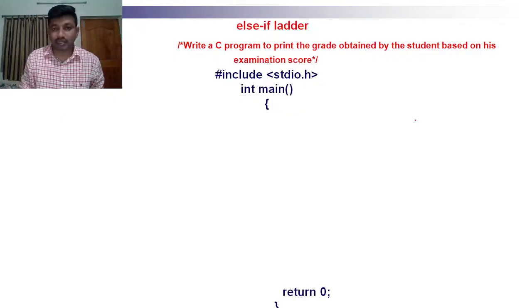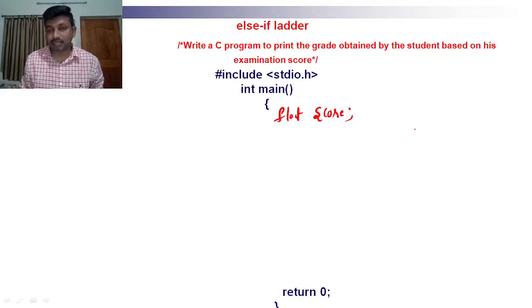So examination score, let it be float score, is the input for the program. Okay, fine. So what is the input for this program? Exam score. What is the output? You have to print the grade obtained by the student.